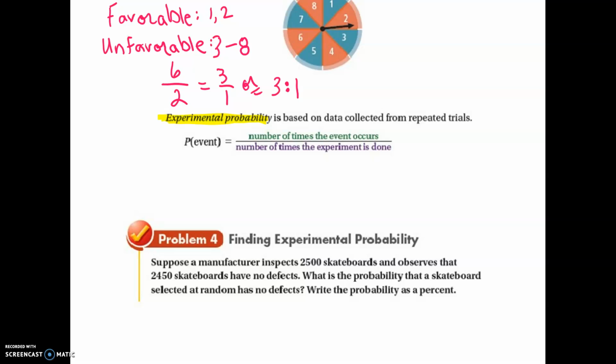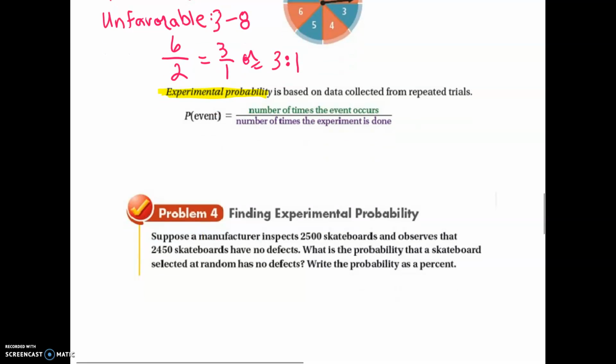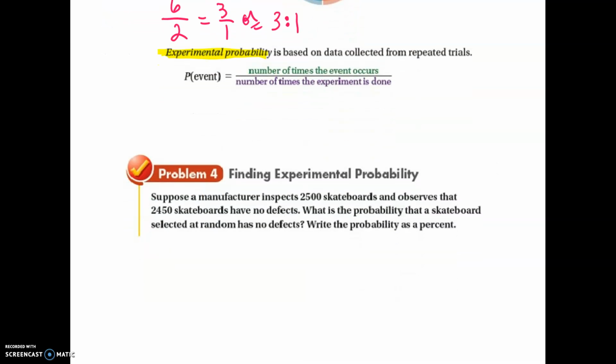So suppose a manufacturer is inspecting skateboards and he observes that 2,450 of them have no defects. Well, we want to know what the probability is that a skateboard that's selected at random has no defects, and then we'll write that probability as a %. So randomly, this is what he found out of the 2,500 skateboards.